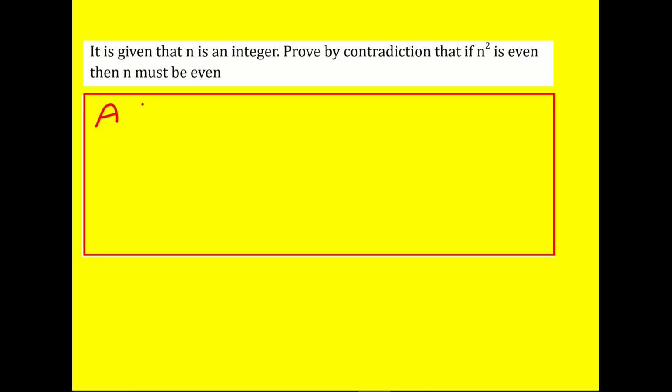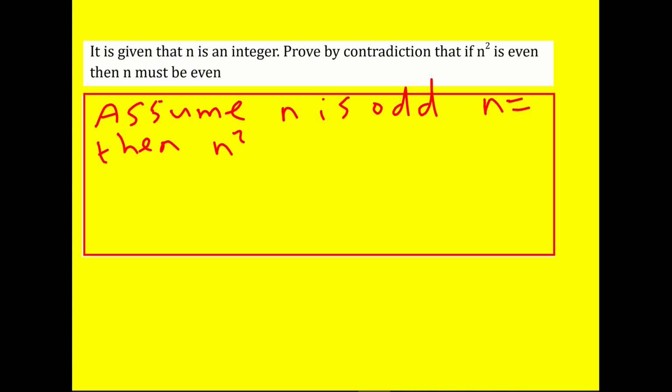So assume n is odd. Then n squared, okay, then if n is odd, then I can write n as 2k plus 1, because that's the definition of an odd number.